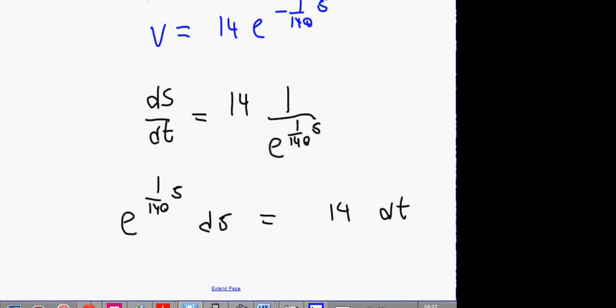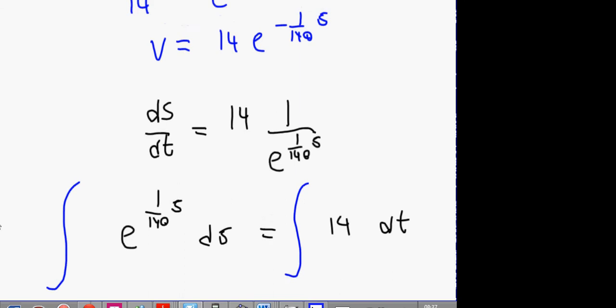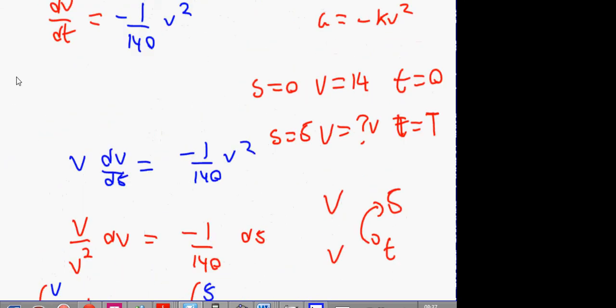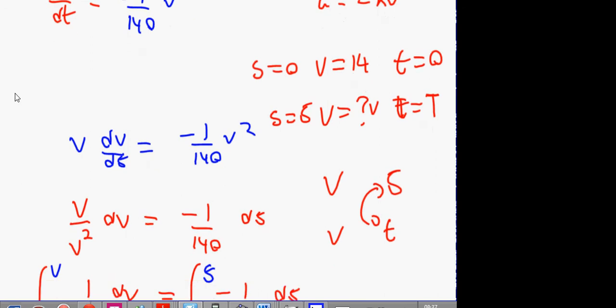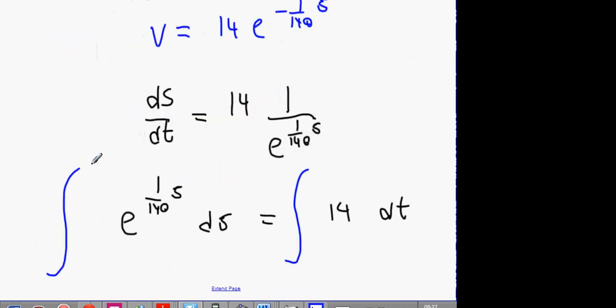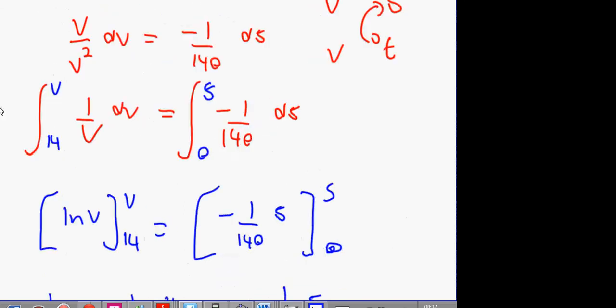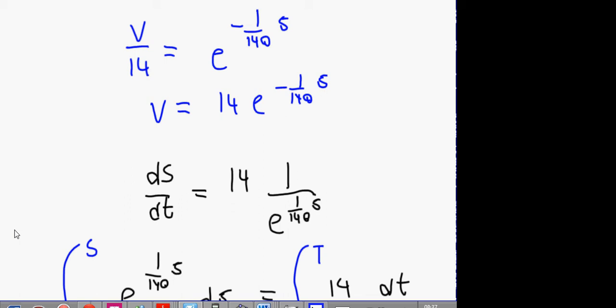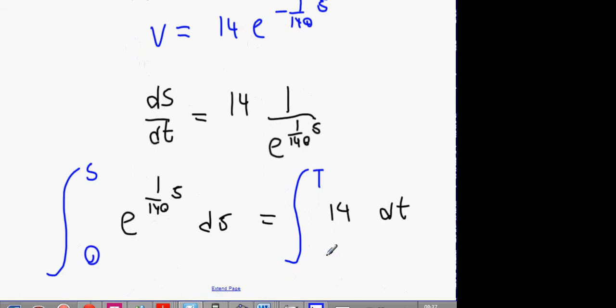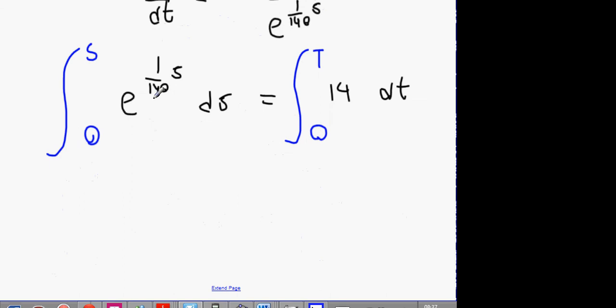I now need new limits, and the limits I'm looking for are up at the top. It's going to be capital S and capital T, and on the bottom they're both zeros. Integrate again. The power never changes, so e to the power of S over 140.